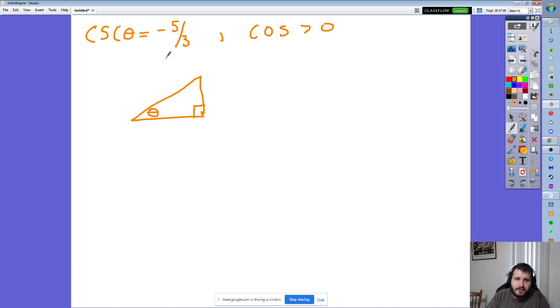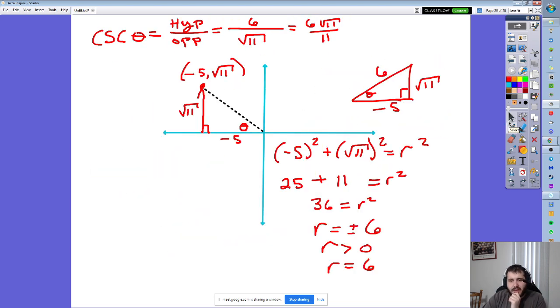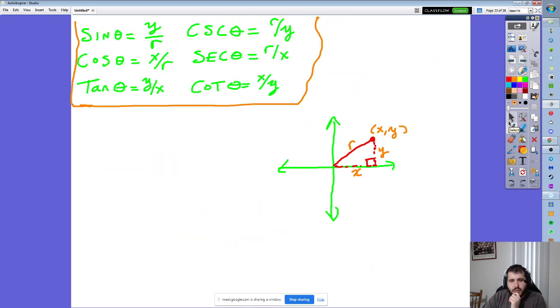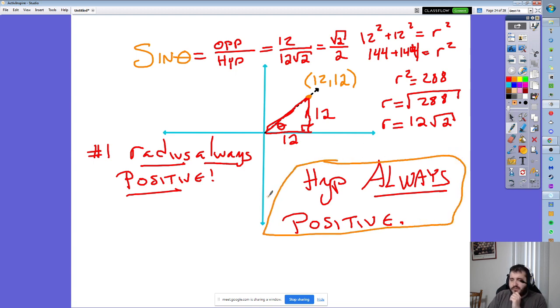And we just want to make sure that we put everything in the right spot. Now, I did say something a couple pages back that we're going to have to pay attention to. Remember that the hypotenuse is always positive.